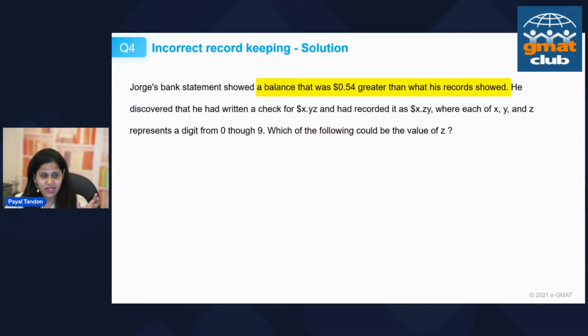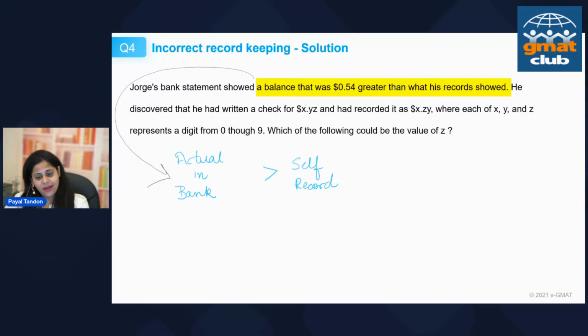Okay, insert yourself in the scene. So, Jorge's bank statement showed a balance. Now, the balance was greater than what his record showed. What does that mean? Balance is the actual in the bank, right? So, immerse yourself in that scene. The balance that I actually have in the bank, that was more than what the records were showing.